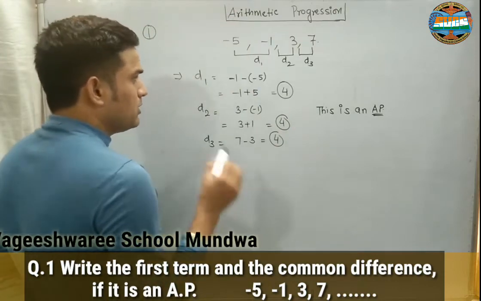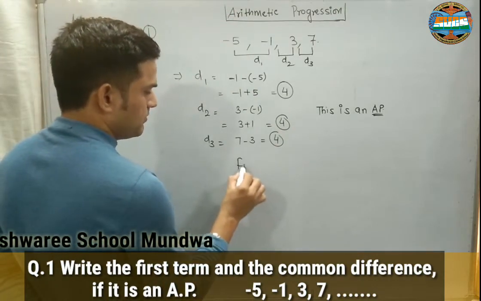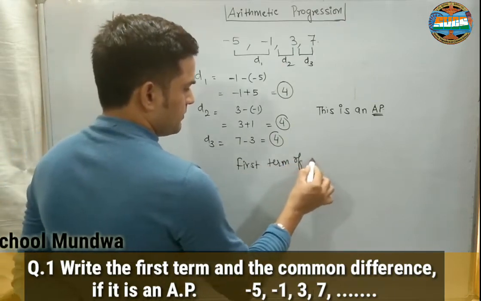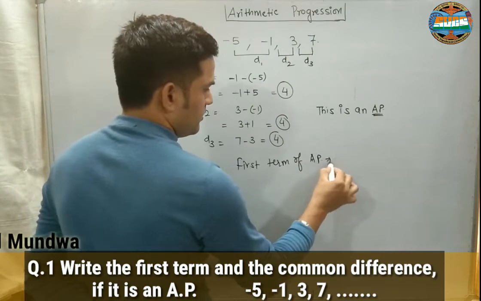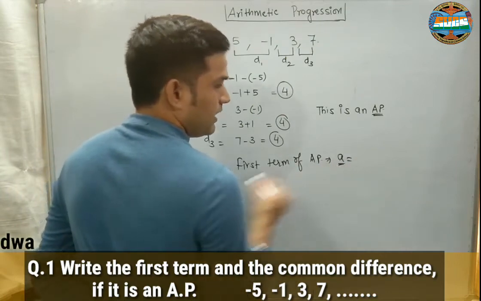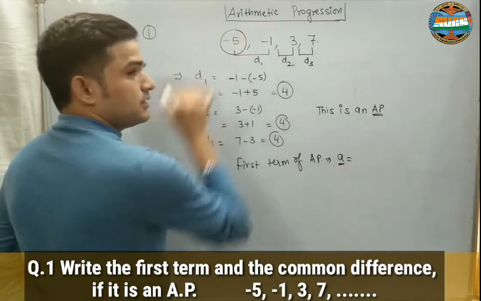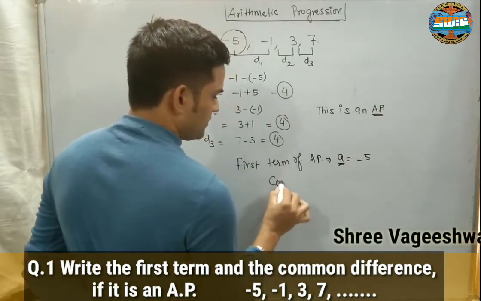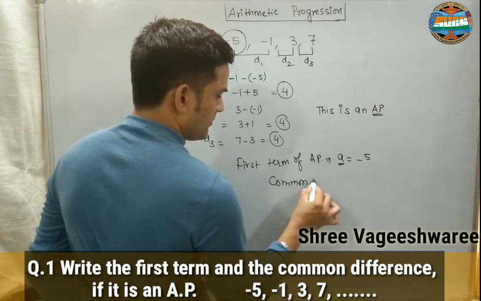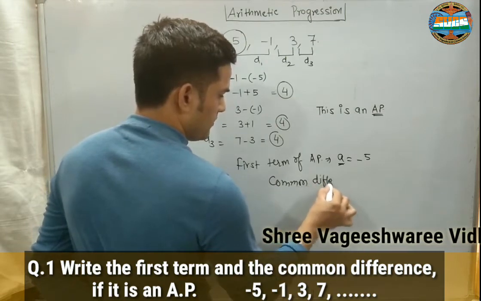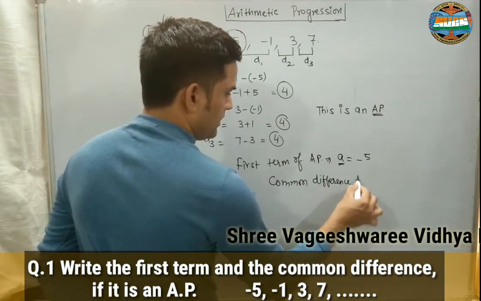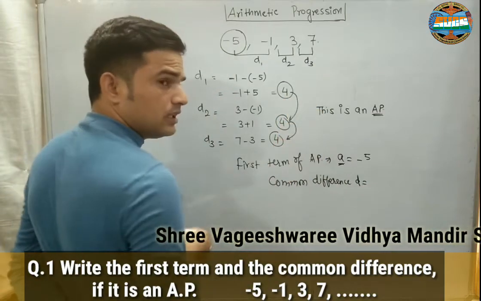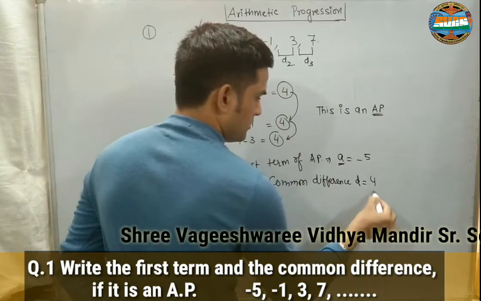So according to the question we find the first term. The first term of AP, we know, is denoted by A. The first term of AP is -5, and the common difference we denote by D, which is the same for all three, which is 4.